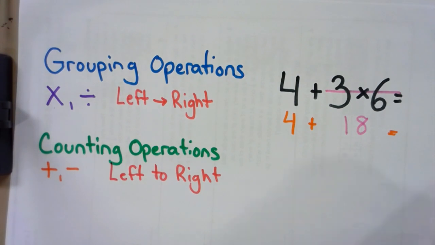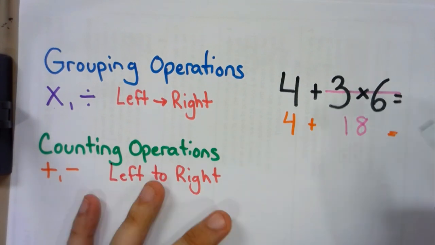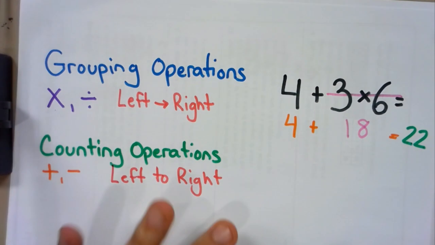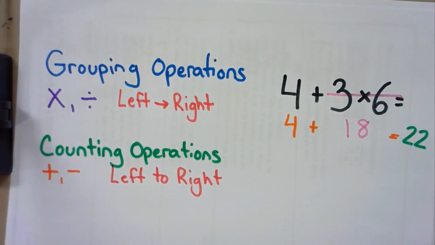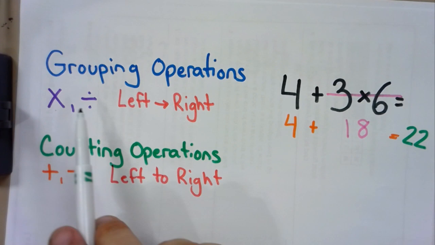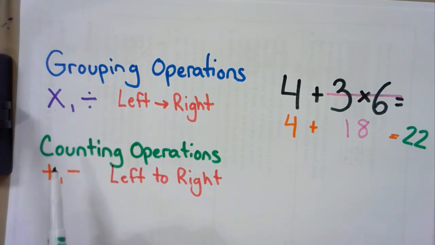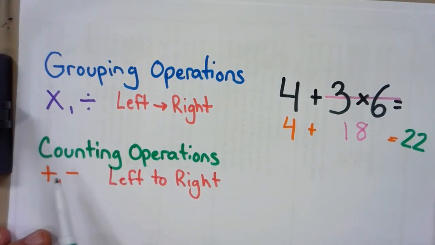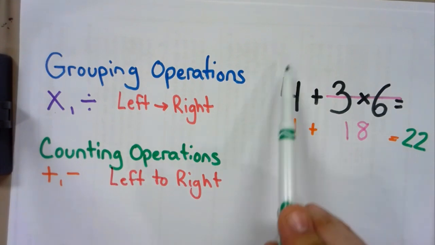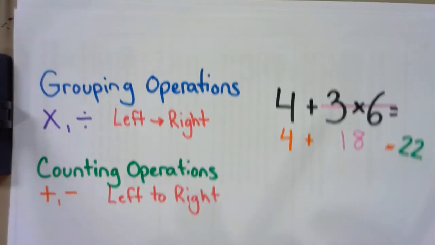And now it's a lot easier for me to figure out 4 plus 18 is 22. So we always do the grouping operations first, multiplication and division, followed by our counting operations, addition and subtraction. And both of those, you start at the left side of the problem and you work your way over.